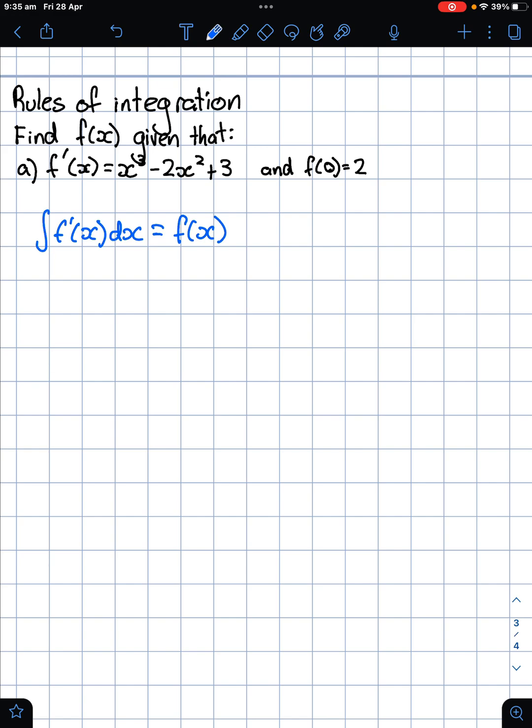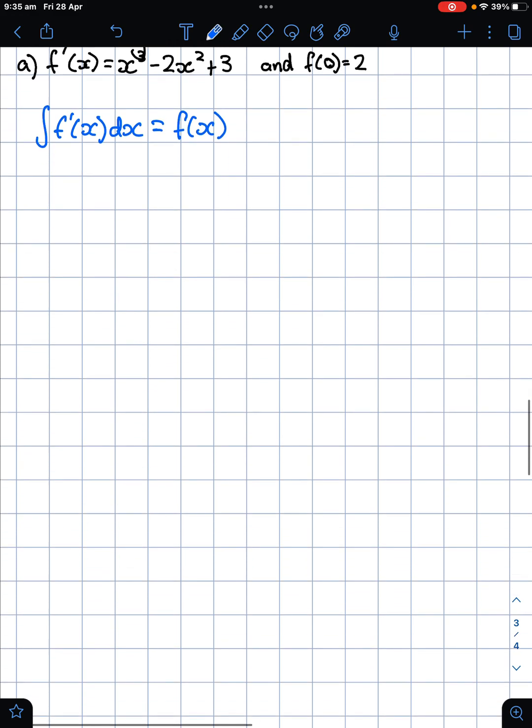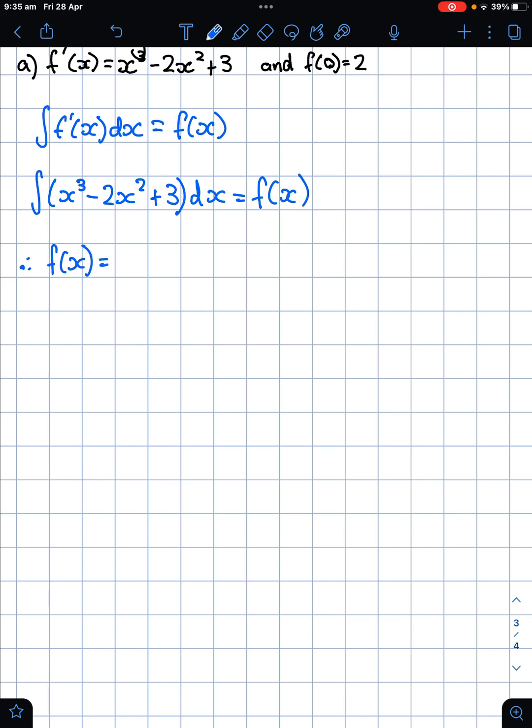All right, so in this space here, we're going to go, well, the integral of x cubed minus 2x squared plus 3 dx equals f of x. Therefore, f of x is going to equal x to the 4 over 4.